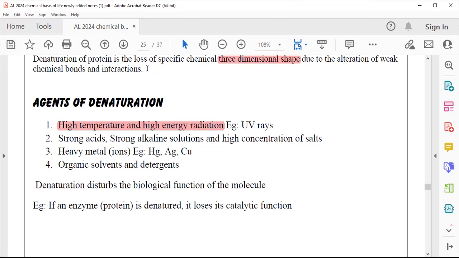In the exam paper, denaturation can come to you as a short note. If we can write nearly 20 points, it will become a short note. Understood?